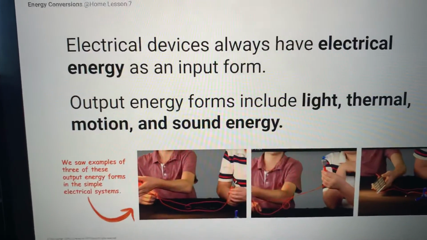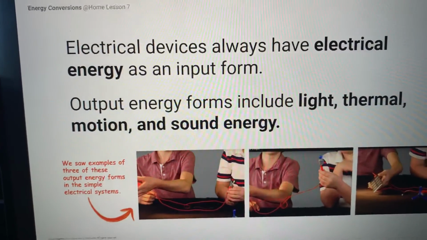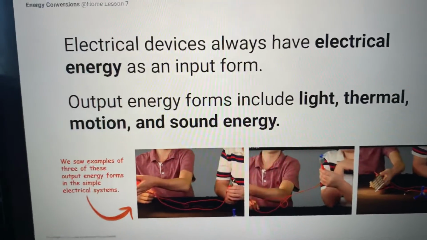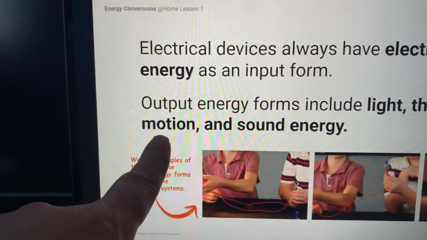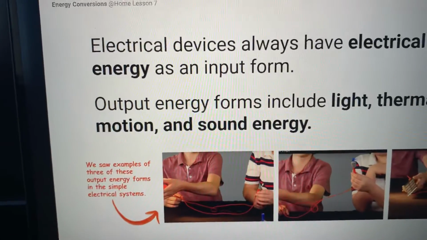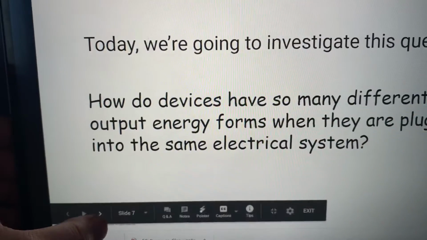If I plug my hair dryer into the wall and turn it on, that's heat energy or thermal energy. Motion energy would be plugging a fan into the wall. Sound energy would be like plugging in a radio. It produces sound once you plug it in.